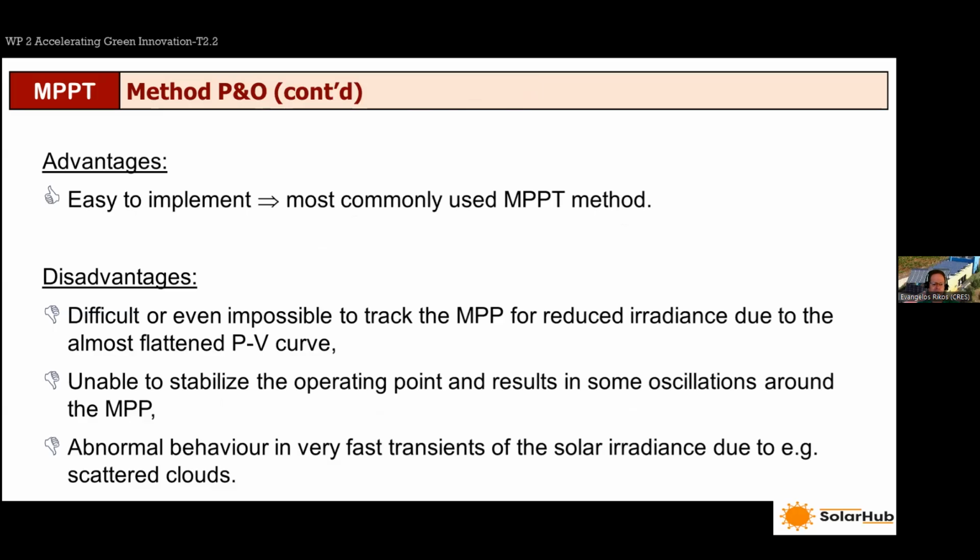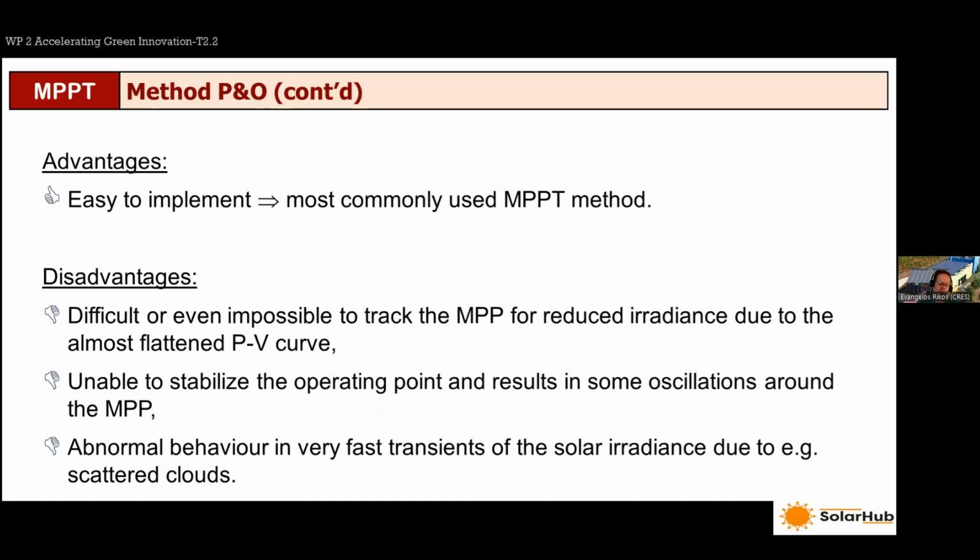One problem is that it's difficult to track the MPP when the irradiance is low and the PV curve is rather flat, because the difference in the active power becomes small, so it's hard to calculate it properly. Also, this principle of forcing the voltage to change all the time leads to some oscillations around the MPP. Even if we find the MPP, it will always oscillate around it.